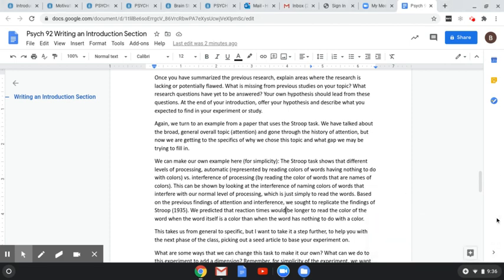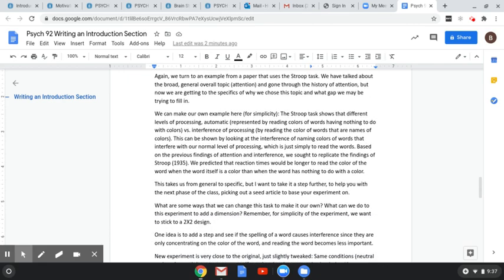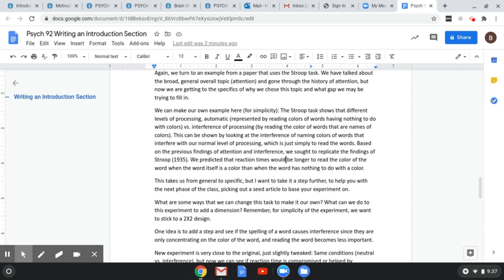So in this case, you're going to have 2 IVs with 2 levels. If we were to use the Stroop task as an example, I would ask, what is another independent variable that we can add to it? And this is where I would get you to give me answers.